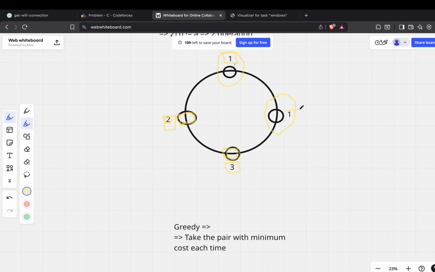While here we see that these two nodes lead to a cost of 1. Now, will this removal lead to a problem in future? Let's understand this. What was this node's neighbor?